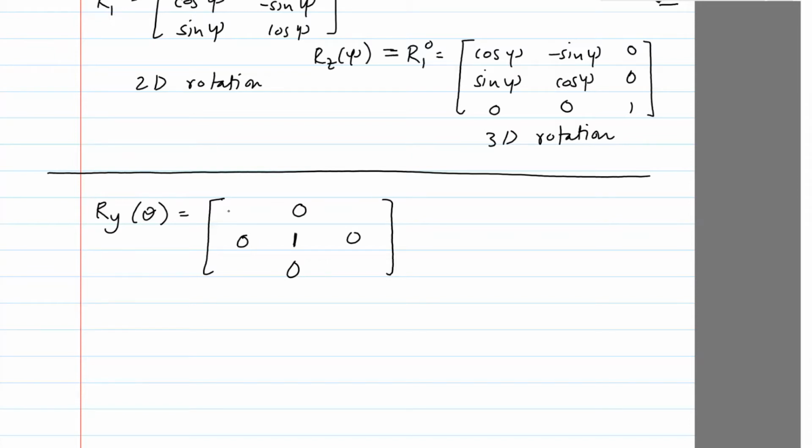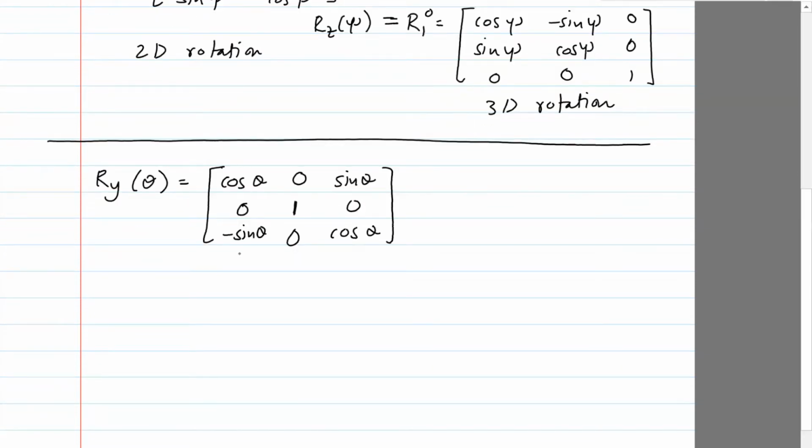So that would be something like this: cosine theta, sine theta, minus sine theta, cosine theta. And by the way, the sign is correct: it is minus here instead of being a minus on row 1, column 3.